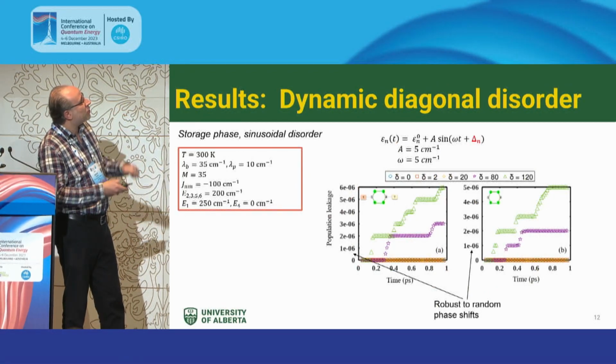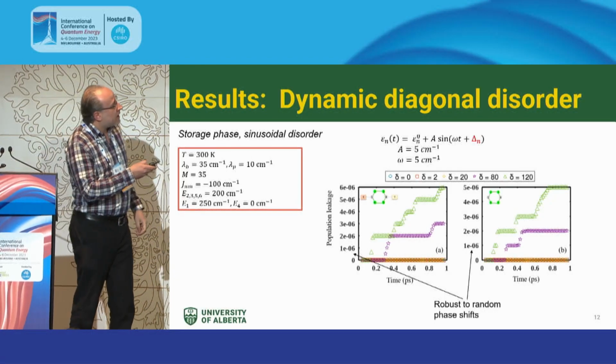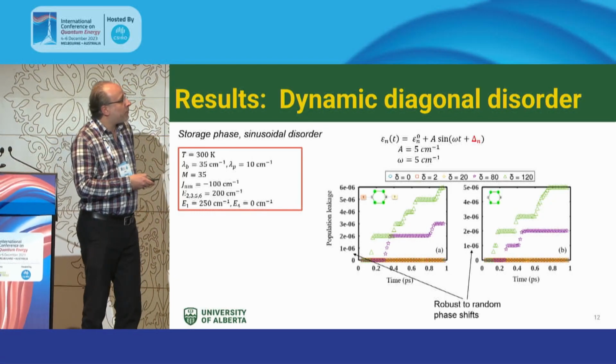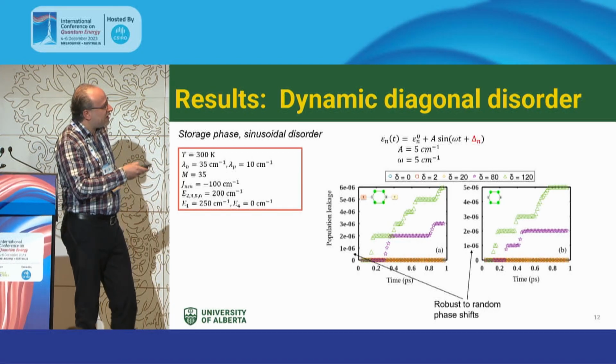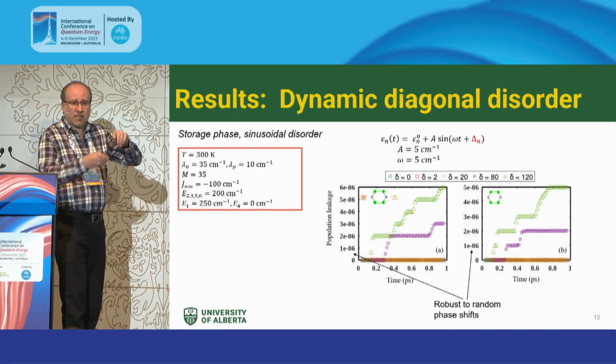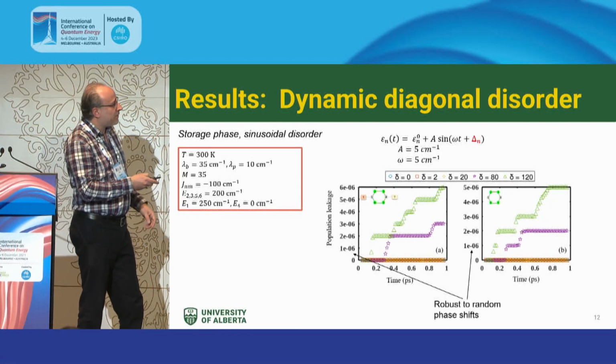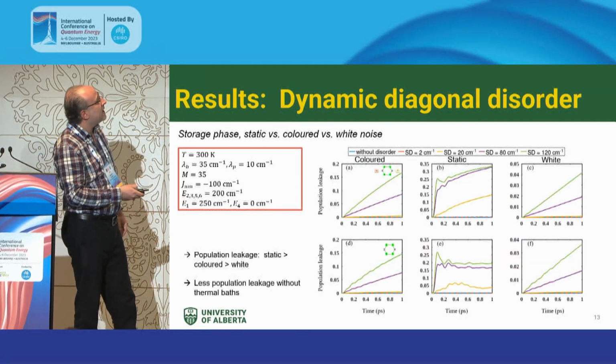Moving on to dynamic diagonal disorder during the storage phase, considering the sinusoidal phase shifts. At least for these parameters, an amplitude of 5 wave numbers, which is relatively small, we see very small population leakage, which I define as the leakage to the surface sites. So it is fairly robust to phase shifts.